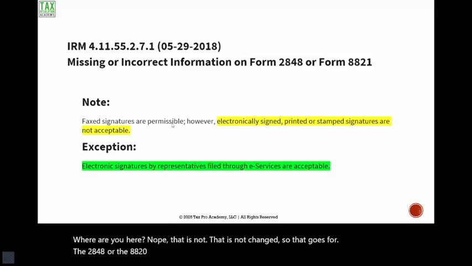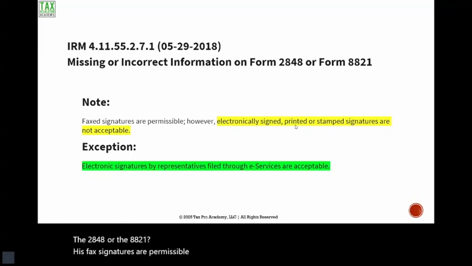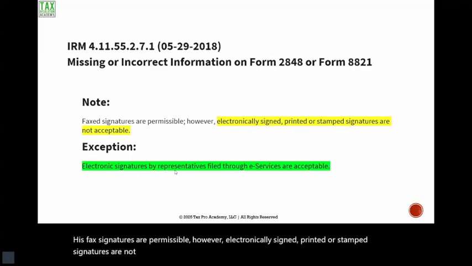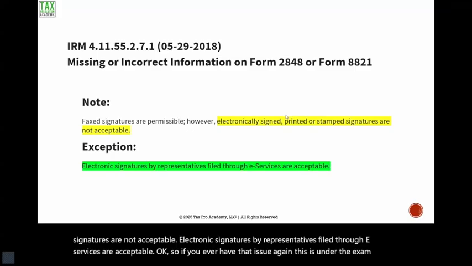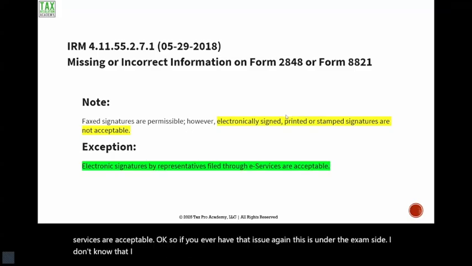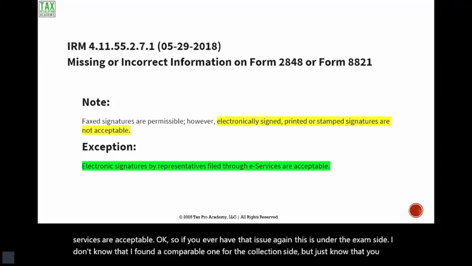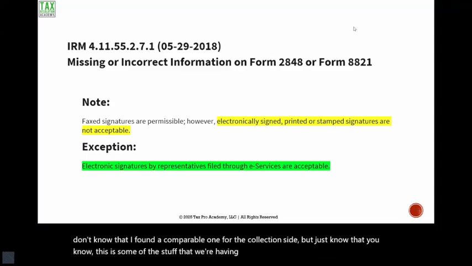It says fax signatures are permissible. However, electronically signed, printed, or stamped signatures are not acceptable. Electronic signatures by representatives filed through e-services are acceptable. Okay, so if you ever have that issue, again, this is under the exam side. I don't know that I found a comparable one for the collection side, but just know that this is some of the stuff that we're having to battle.